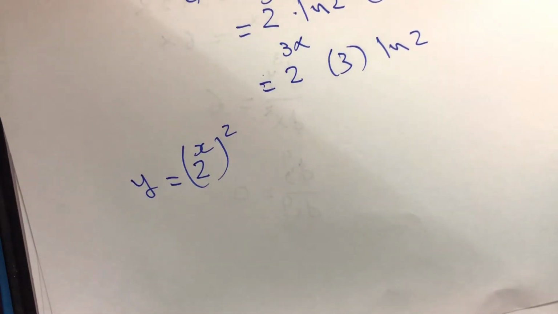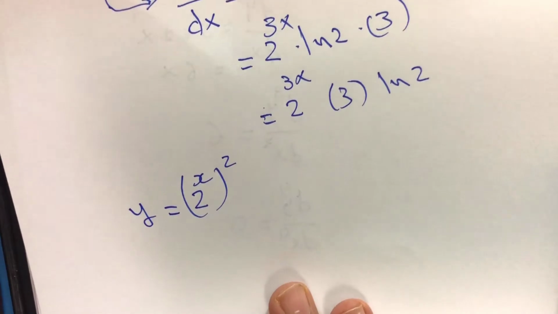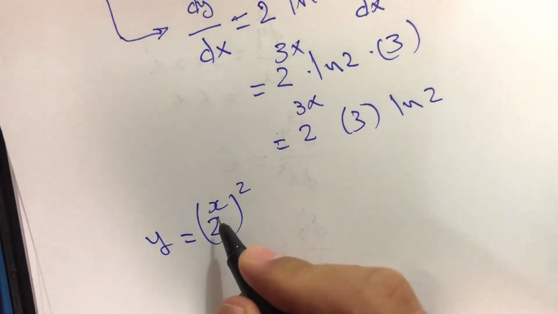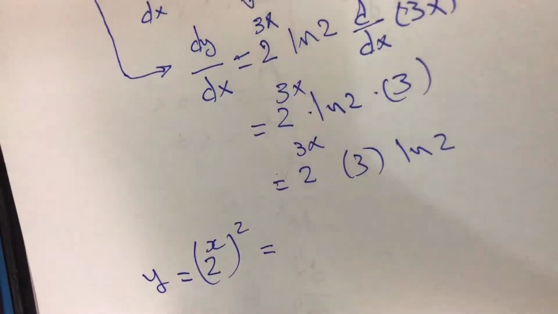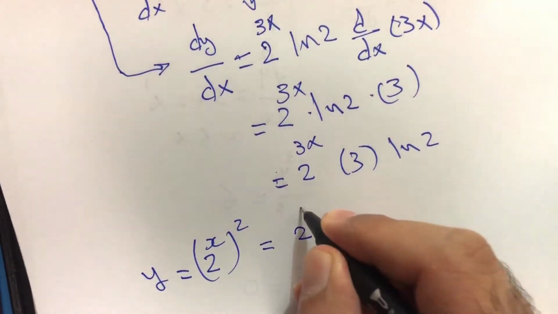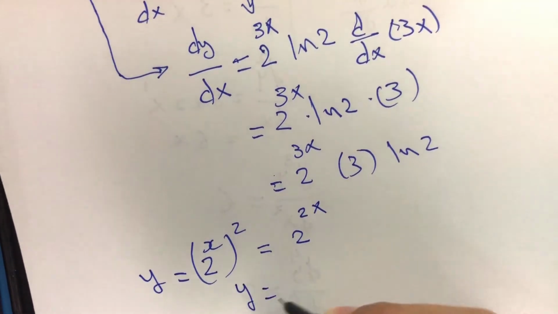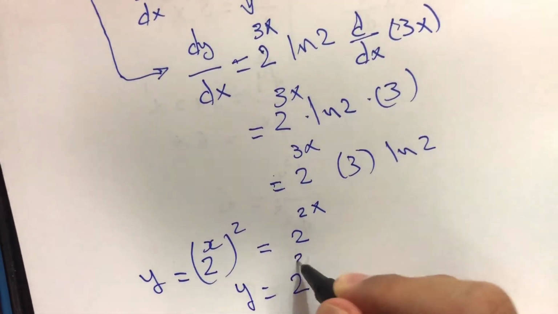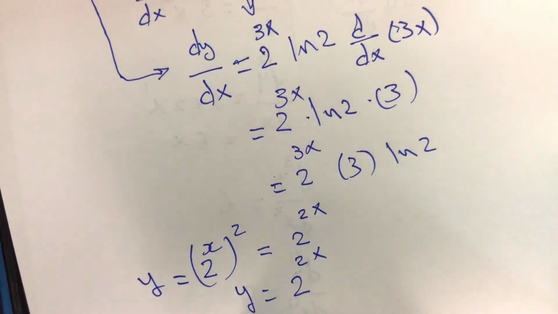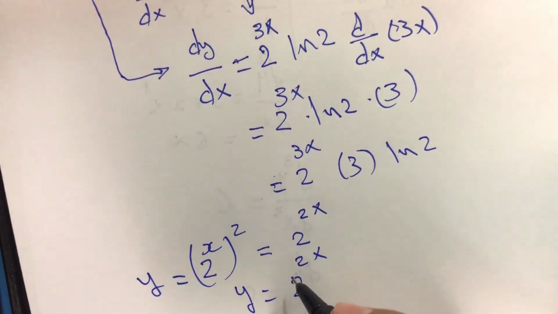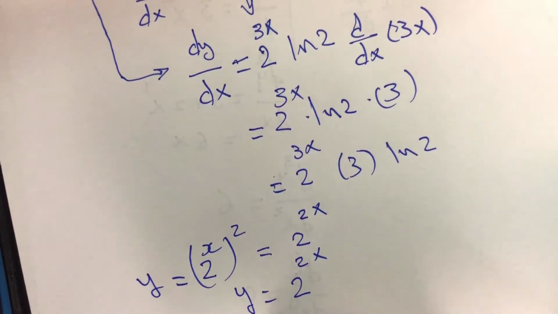Here we have a to the power u, and we want to find the derivative of a to the power u. We know that this can be written like this: y equals 2 to the power 2x, so we are interested in finding the derivative of a to the power u. We can make a comparison.